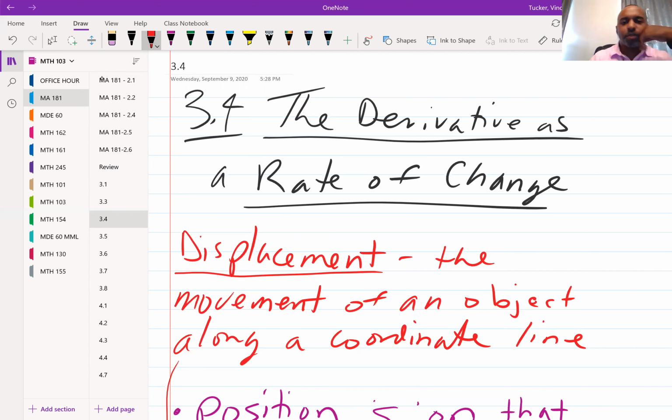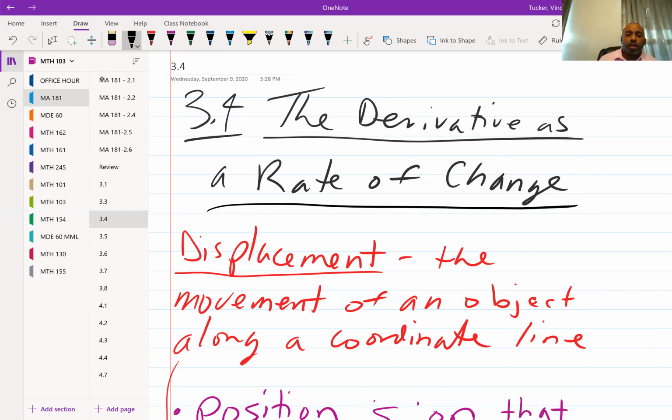I have to write something so it'll look a little sloppy, but all right. So the derivative as a rate of change. So looking at displacement first, and that's the movement of an object along a coordinate line.